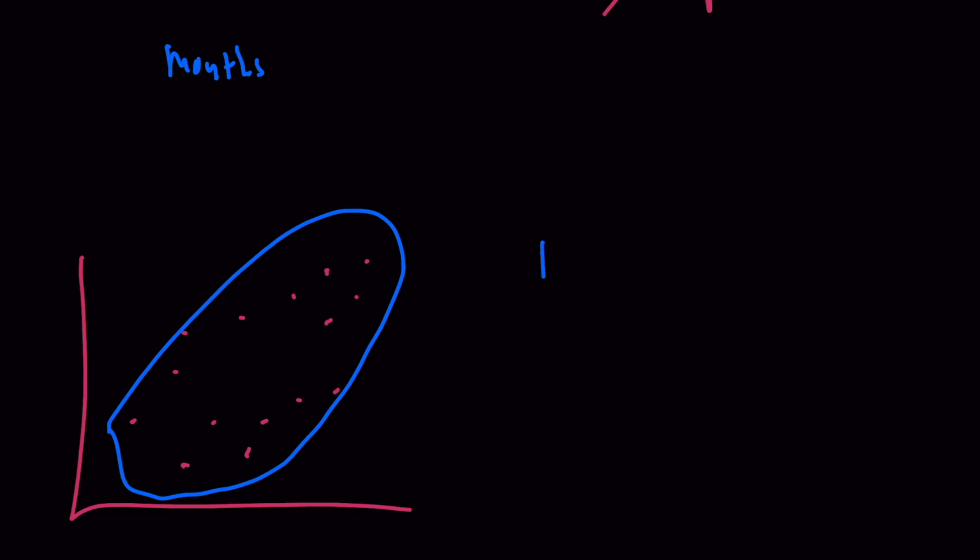So they would call this a weak positive. Because you can say overall, yeah, it's going up, but it's not like it's super duper strong and definite. This is going up, but not that great.